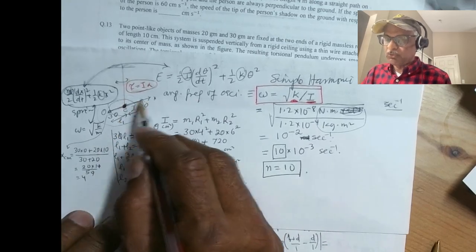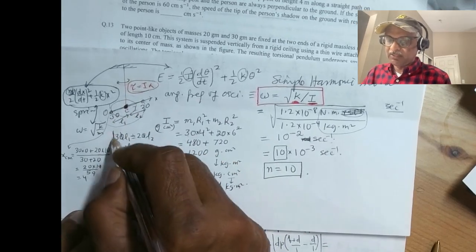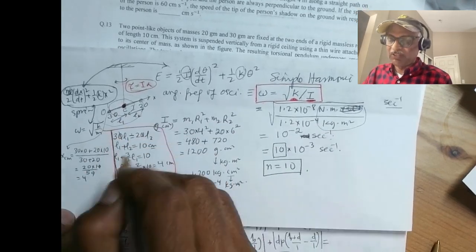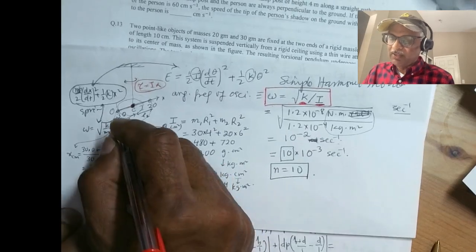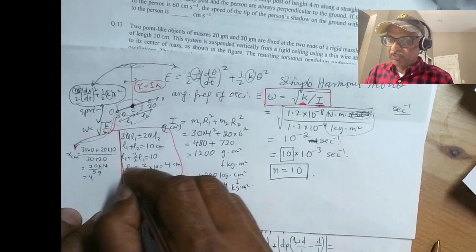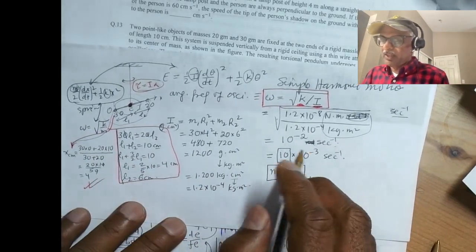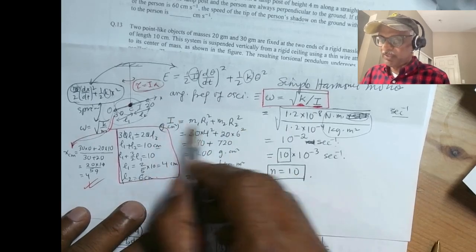If you just have two bodies like this, this is the preferred way of getting the center of mass. But if you want to proceed with the x-axis, this is okay too. And then you have to do the moment of inertia.